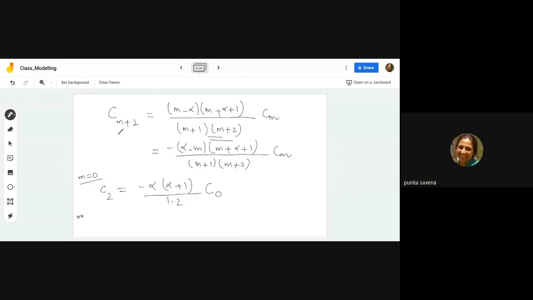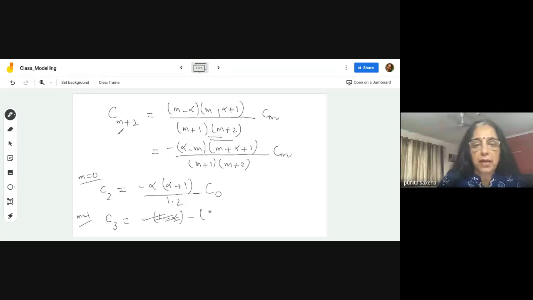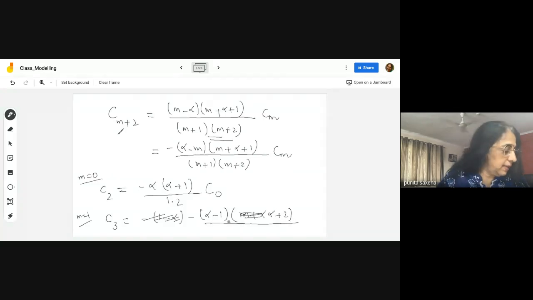Similarly, when m is 1, you are going to get C3 equal to minus alpha minus 1 into, I'm sorry again, m is 1, so it's going to be alpha plus 2. ये आएगा ना? Upon 2 into 3, C1. Is that okay?